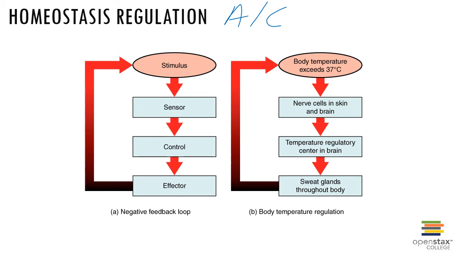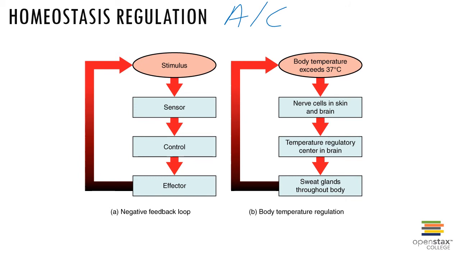Now, what that does is lower the temperature. And once the temperature drops below 72 degrees, the sensor says, hey, this is too cold. We need to turn off the air conditioning unit. So it goes ahead and turns it off. Everything's nice and cool. The temperature will gradually increase and get over 72 degrees.